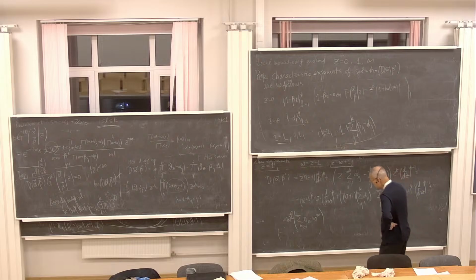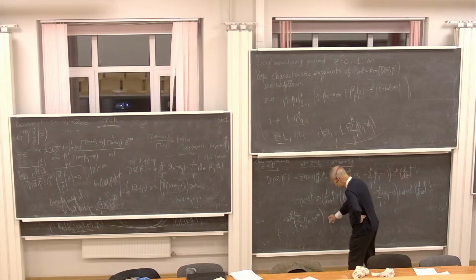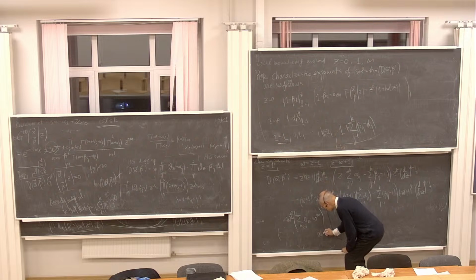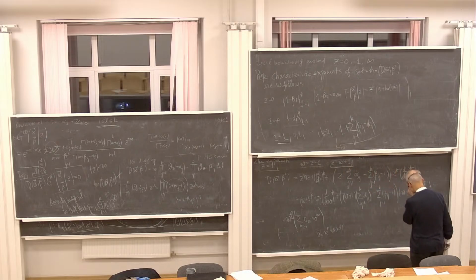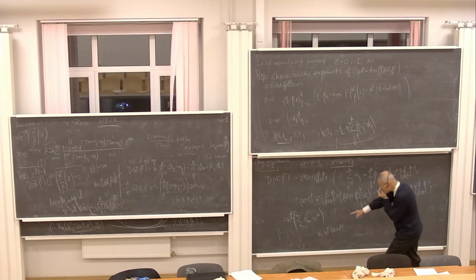So simply, the first term is a_0 w to the power rho, a_1 w to the power rho plus 1, and so on. And let us apply this operator to this series.